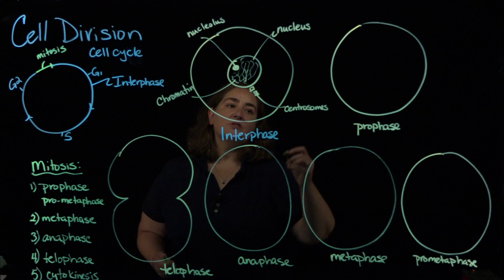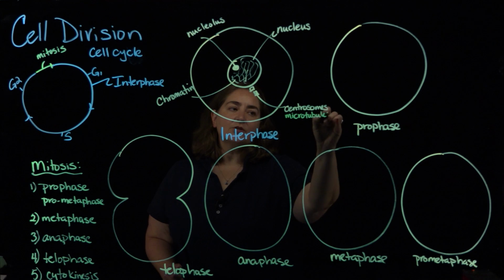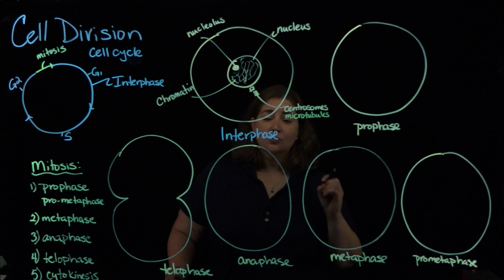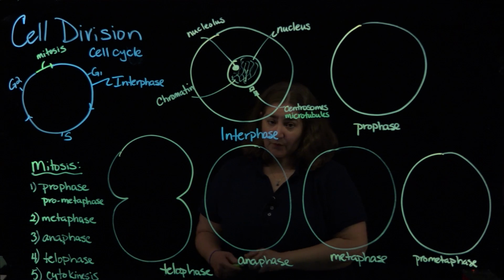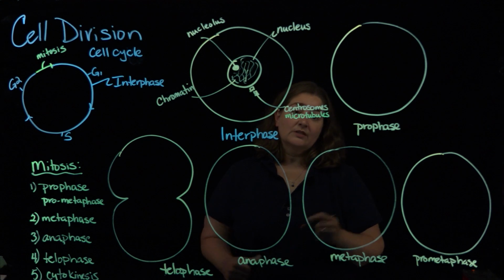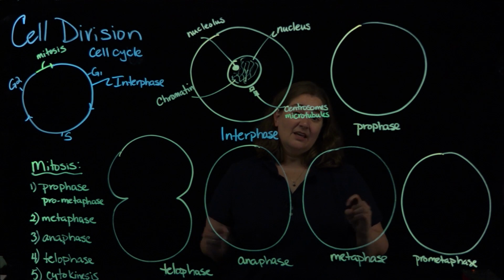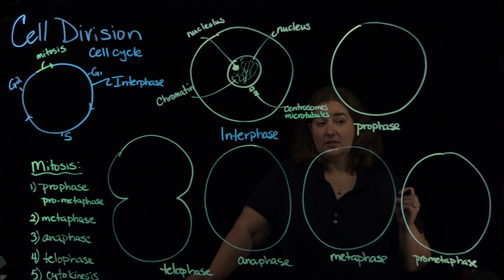But those centrosomes are going to be the structure in the cell where the microtubules are going to originate from. That's going to become important because the microtubules are what are going to attach to our chromosomes and physically move them to the two separate cells.